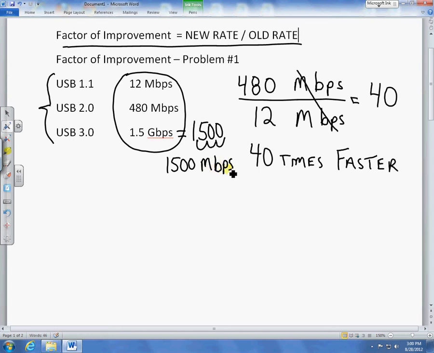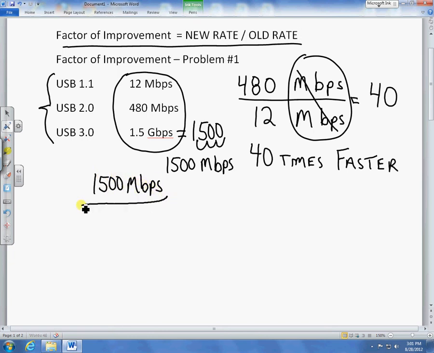It's important. In our last problem, we had our units the same, so they cancel out. So we'll take 1,500 megabits per second and figure out the factor of improvement. Let's compare it with USB 2.0, which is 480 megabits per second.